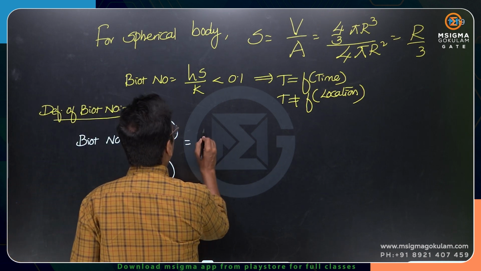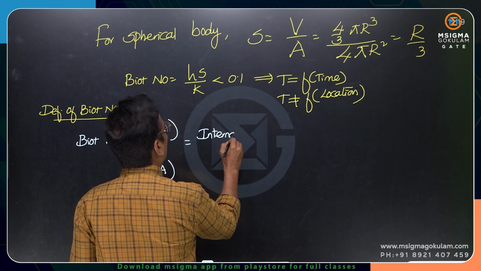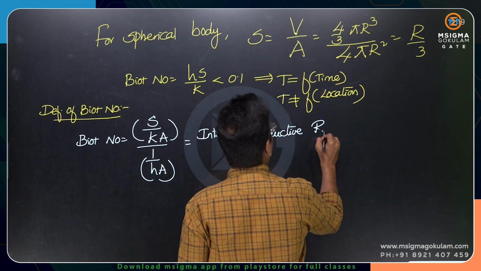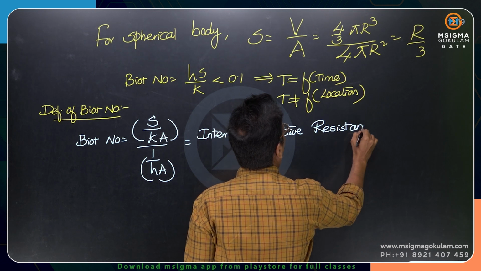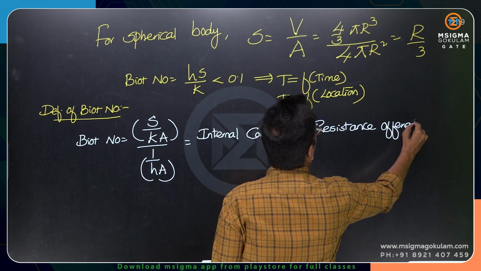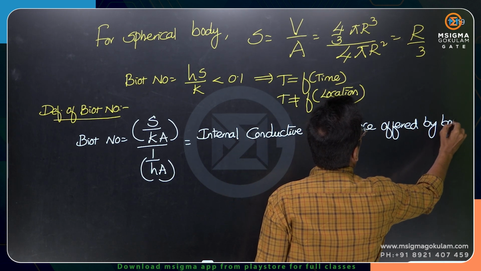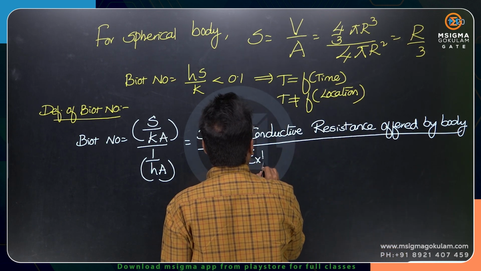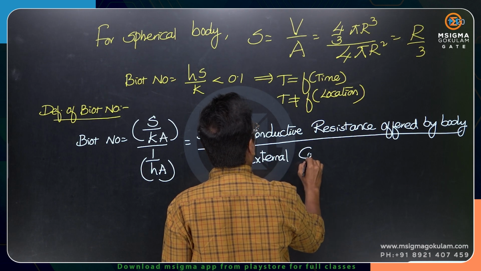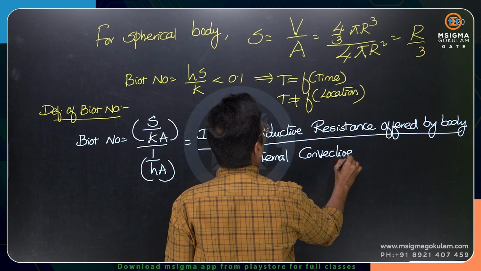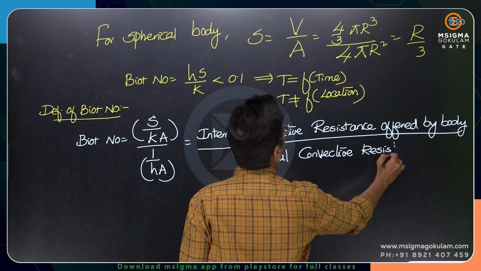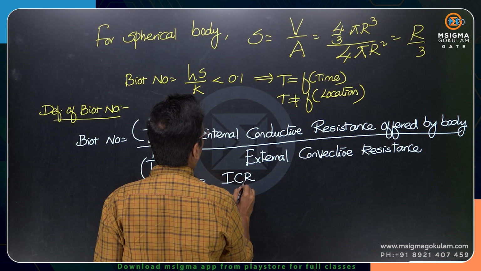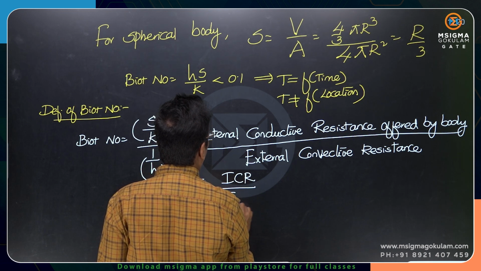It can be written as internal conductive resistance offered by the body divided by external convective resistance, ICR by ECR.